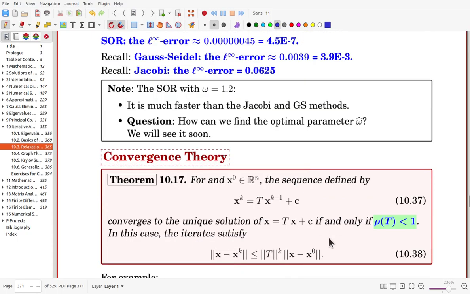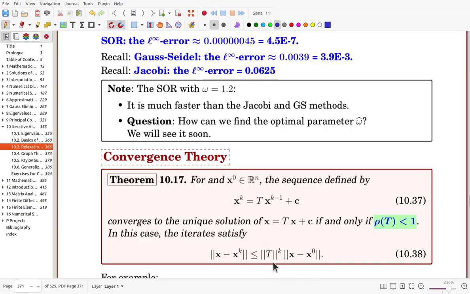Now, we have here a convergence theory: for any initialization x0, the sequence defined by this equation converges to the unique solution if and only if the spectral radius of this iteration matrix is strictly less than 1. In this case, the iterates satisfy this inequality.